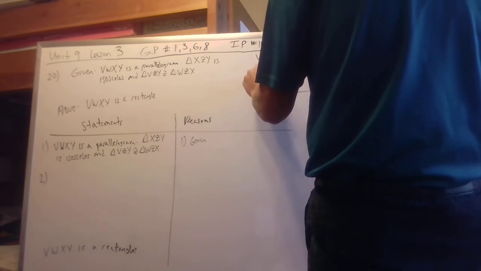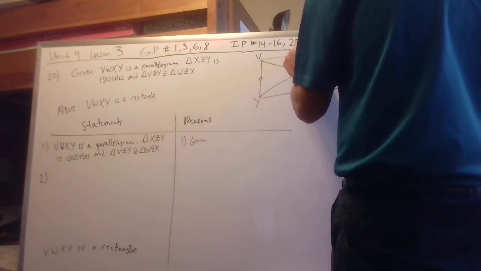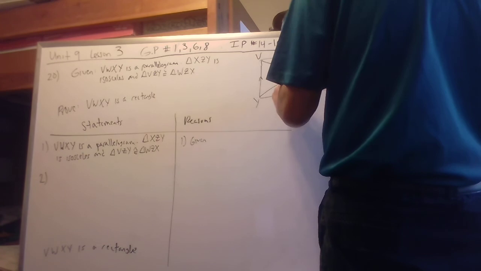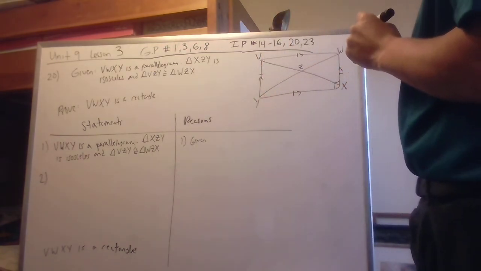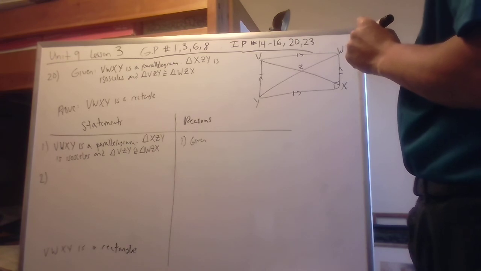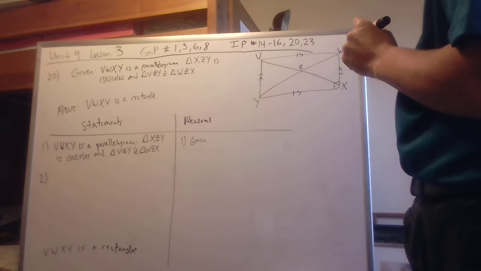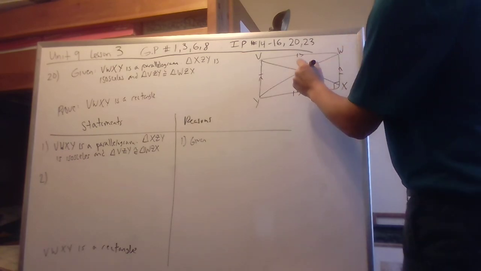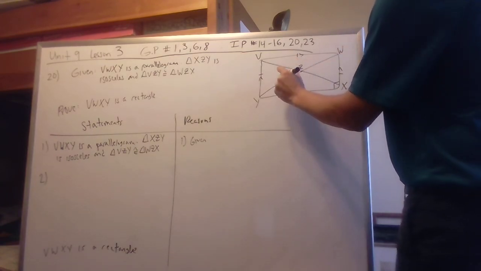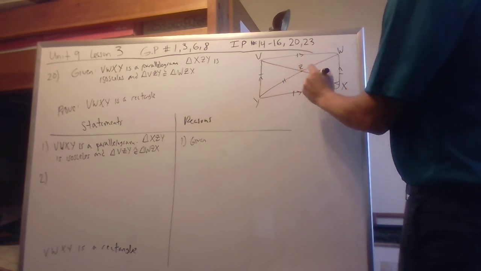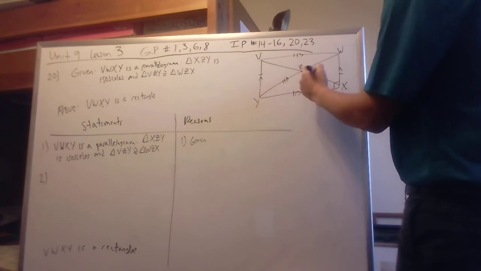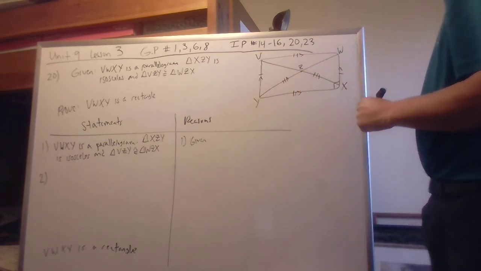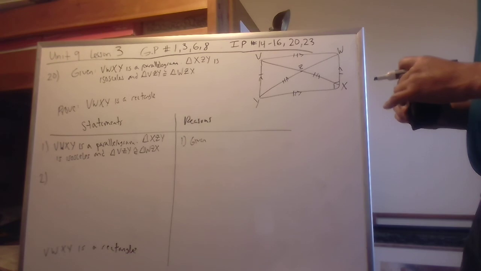That means that these opposite sides are parallel and they're also congruent. So we can put that. And then it says triangle XZY right here is isosceles. So that means that this portion, YZ, is congruent to this portion, ZX.